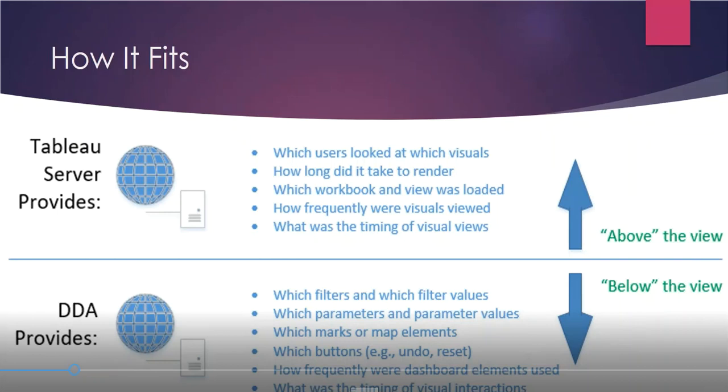Clickstream data means that information is captured in real time, forwarded off to the Google Analytics account, so you can actually see the sequence that the dashboard users followed. For example, if a dashboard user gets lost or runs into a problem, you'd be able to track the exact sequence of clicks that they went through to get there. That is what clickstream data is, and that is what DDA collects.